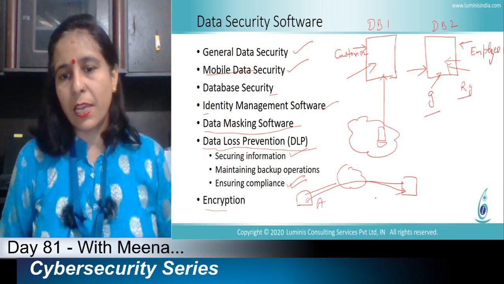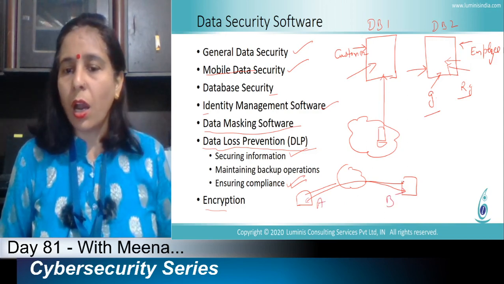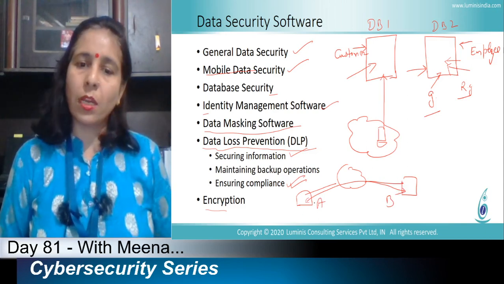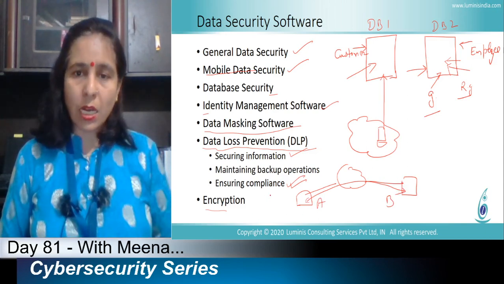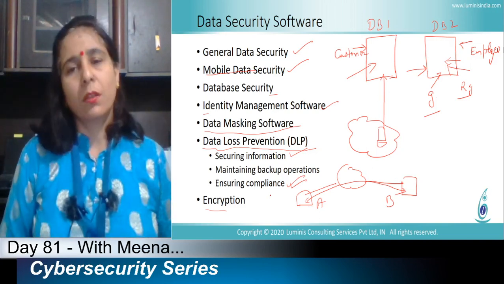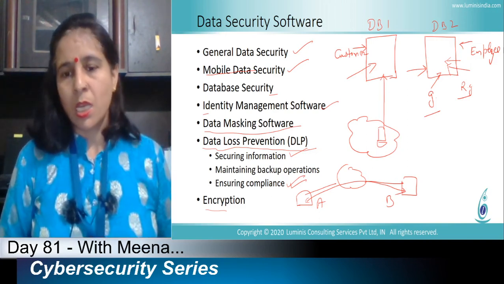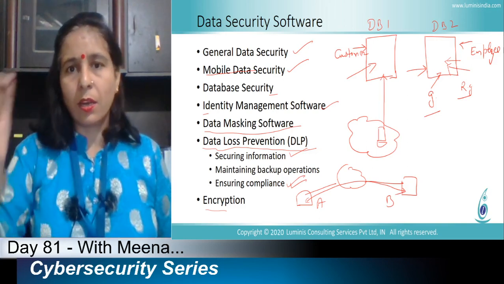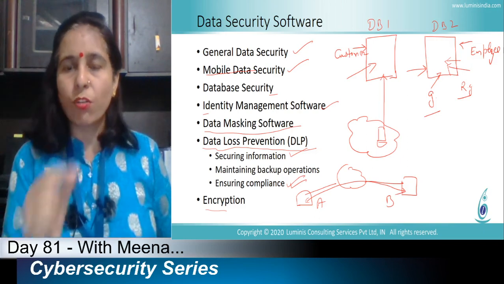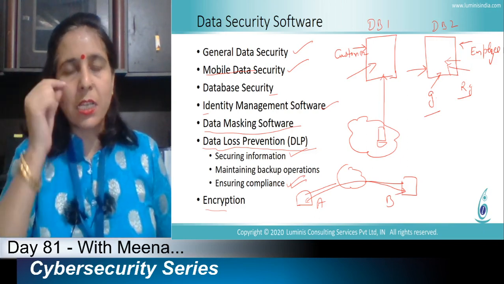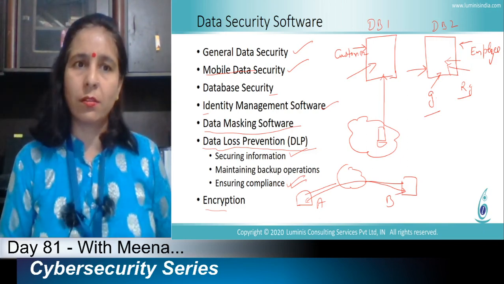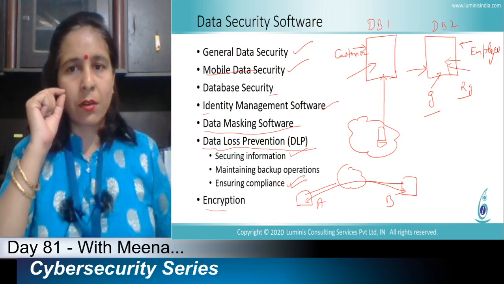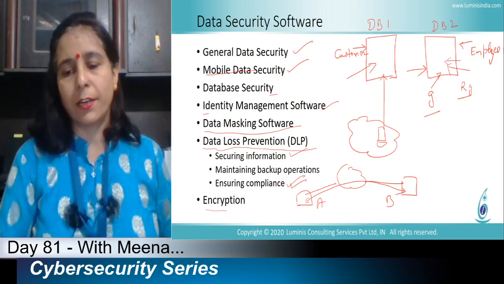There is A and there is B, so they can also encrypt their traffic which traverses the internet. So there are different ways to encrypt data. In this way, when we secure our data, we need to select the right kind of software that provides the security we require.